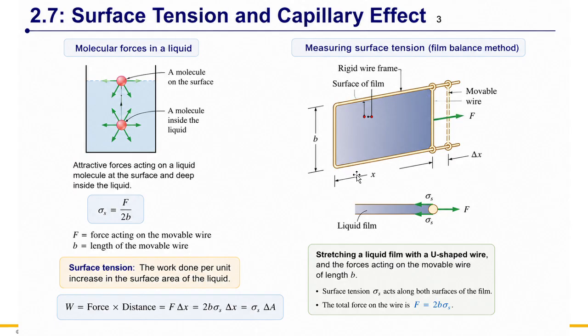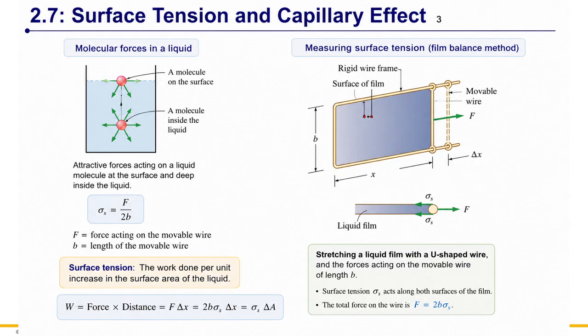If you have a fluid film and you try to move that movable wire to the right side with a force of F, and the dimension of that fluid film is B, then the tension is equal to F by B, which is basically Newton per meter. It's not the stress, it is the surface tension.